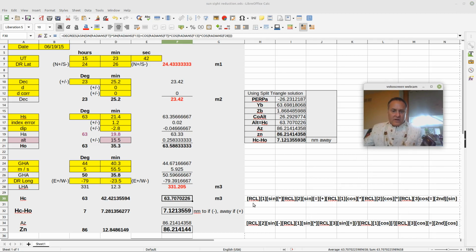So from a clear, I'm going to start by hitting recall 1 sine times recall 2 sine equals plus recall 1 cosine times recall 2 cosine times recall 3 cosine equals second function sine, and I get 63.7.